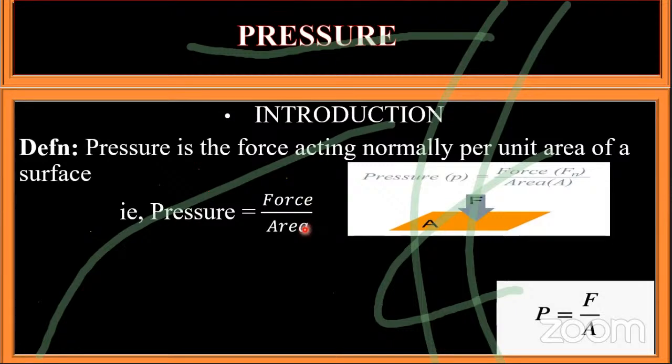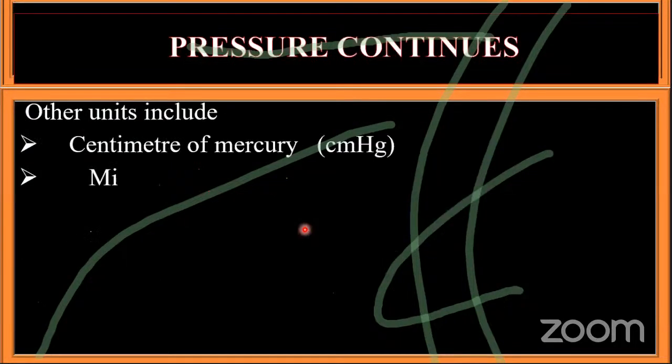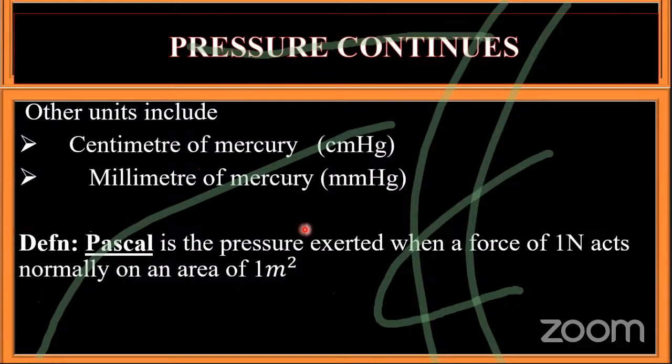Is that clear? Good. When I bring for you a test, make sure you write for me exactly the way I've given it to you. So that is the definition of pascal.